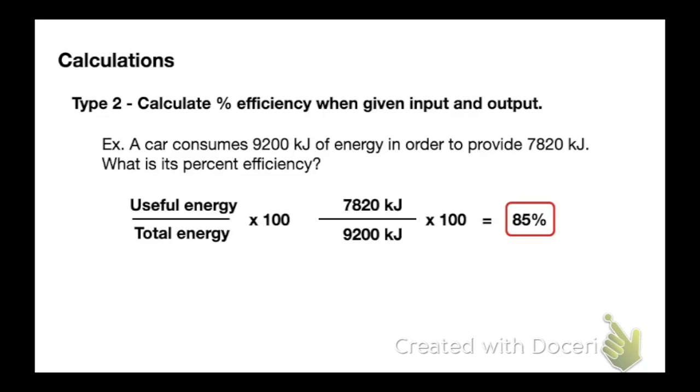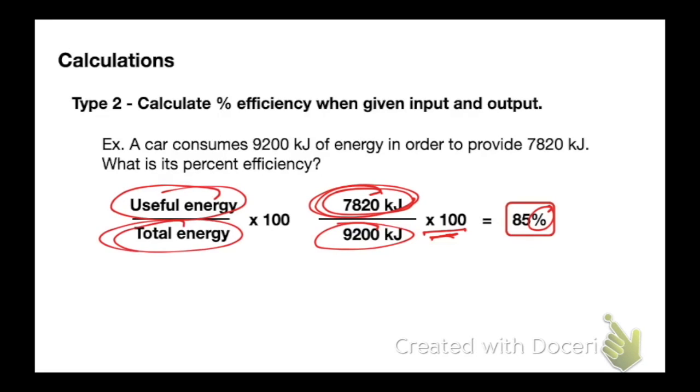Okay? Another way to think of it is you're always going to take the smaller number divided by the bigger number and then times it by 100. This gives you a percent. Okay? All right, so useful energy, or the output energy, or the smaller number divided by the bigger number times by 100 gets you your percent.